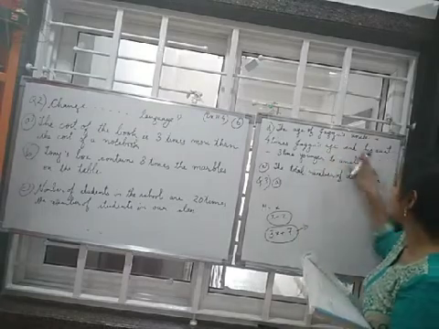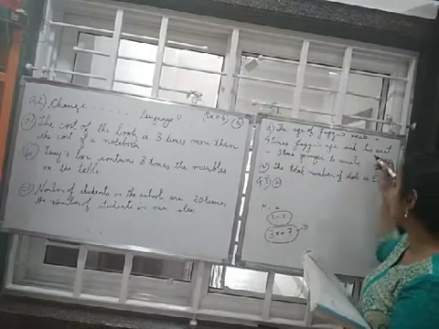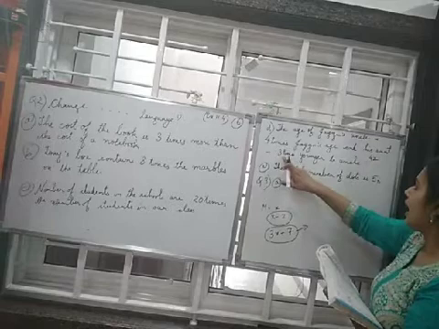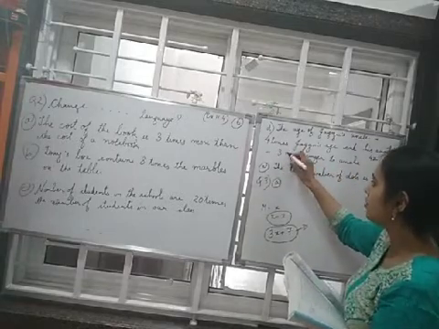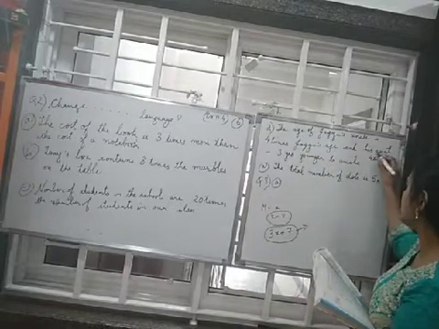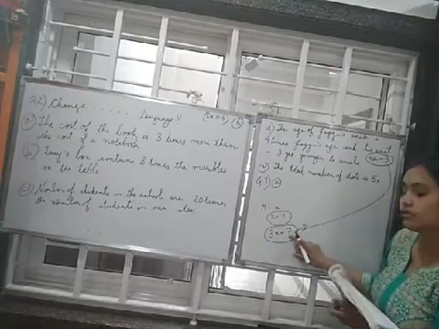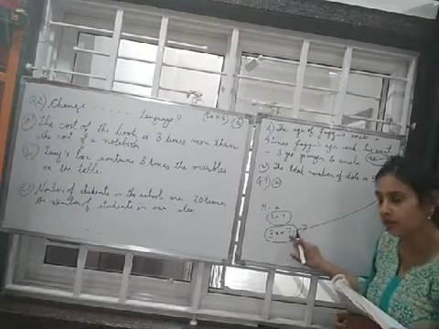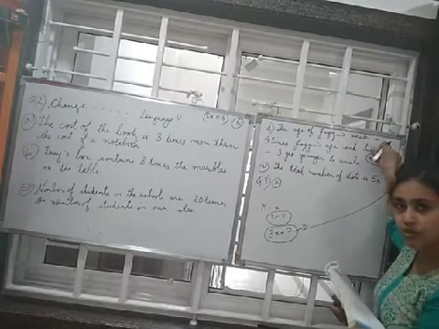You come here and see. This was there, no? 4 times Jagu's age is uncle. So 4z it was written. And 3 years younger than uncle. So 3 years means minus 3. See? Same type of expression is here, children. So this is whose age? Maybe his aunt, Jagu's aunt here.